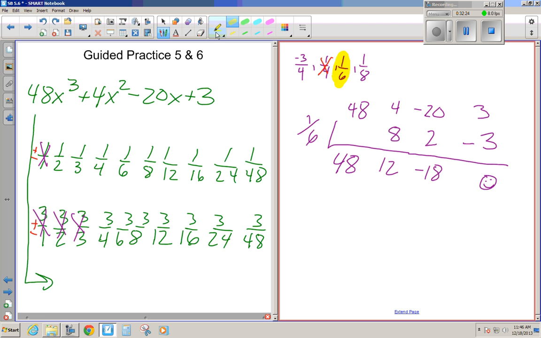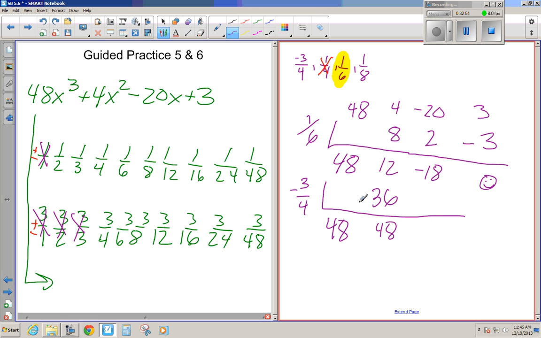All right. We could go ahead and try another one. Let's try -3/4 and see if that gets us anywhere. It's 48. 3/4 of 48 is 36.